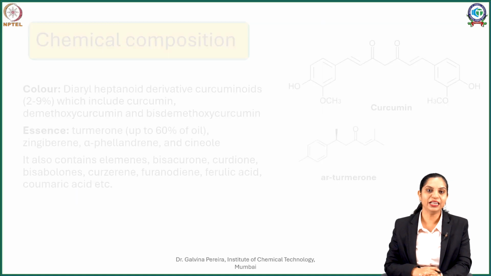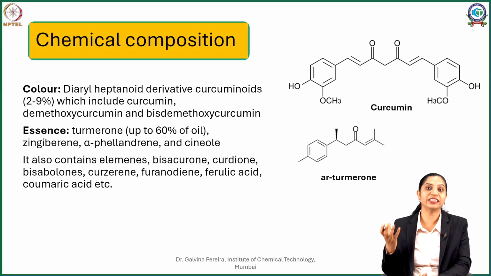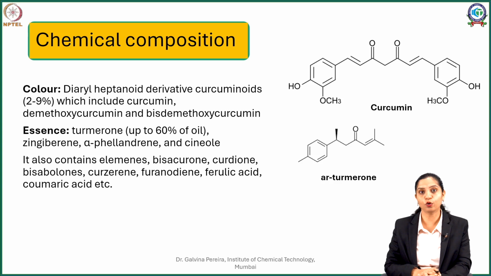Now chemically, what we discuss is they contain compounds or pigments. The yellow pigments of turmeric are due to what are called diphenyl heptanoid derivatives, referred to as curcuminoids.